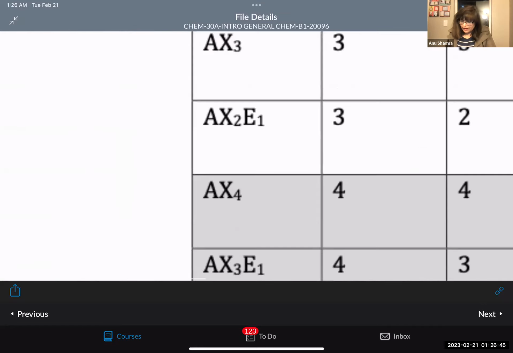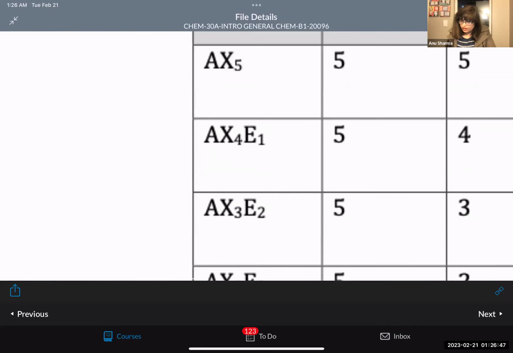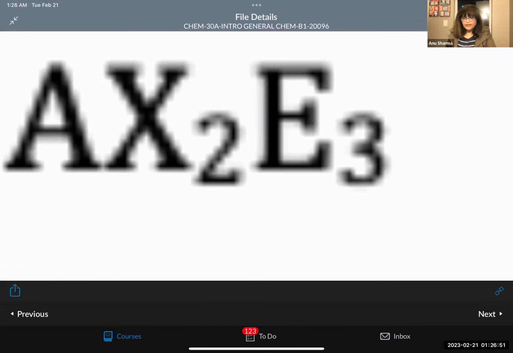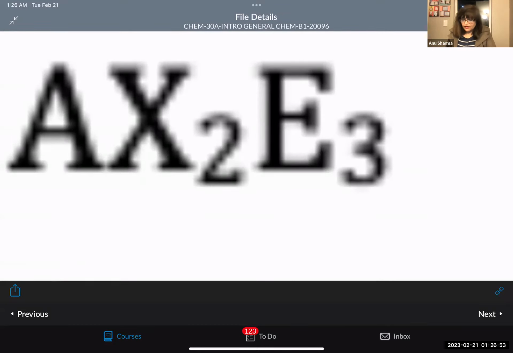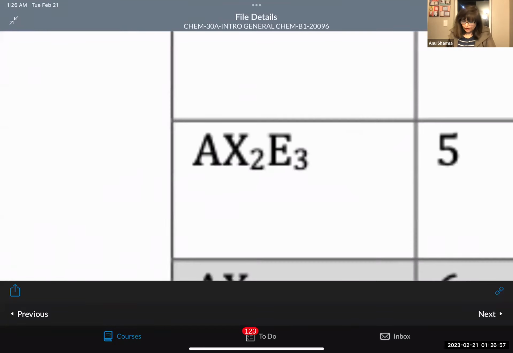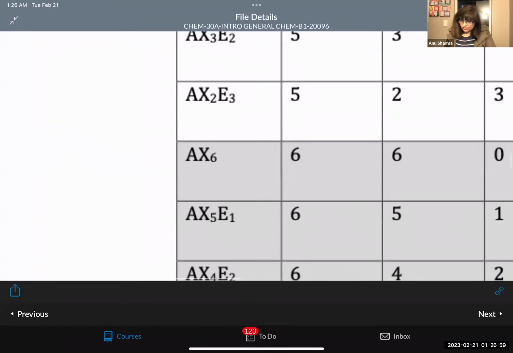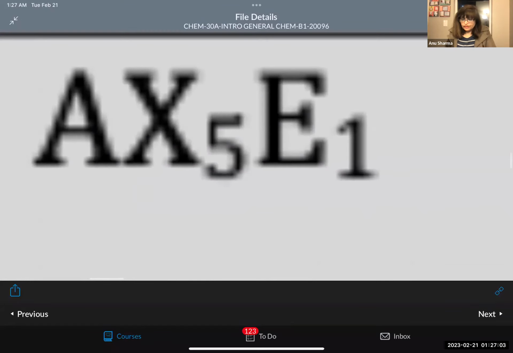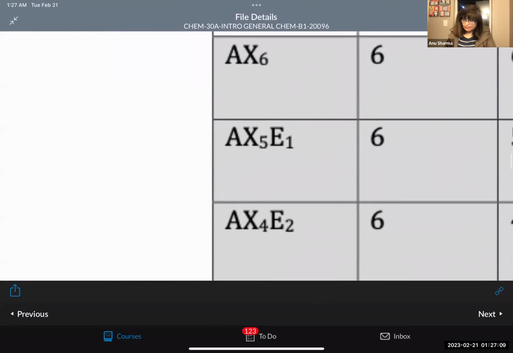So if there are, let's say, 3 lone pairs on the central atom, then it becomes E3. If there are 2 bonded atoms, it's X2, and A is the central atom. Okay, so you see that there are 5 atoms bonded to the central atom, and there is 1 lone pair on the central atom. So this is one piece.